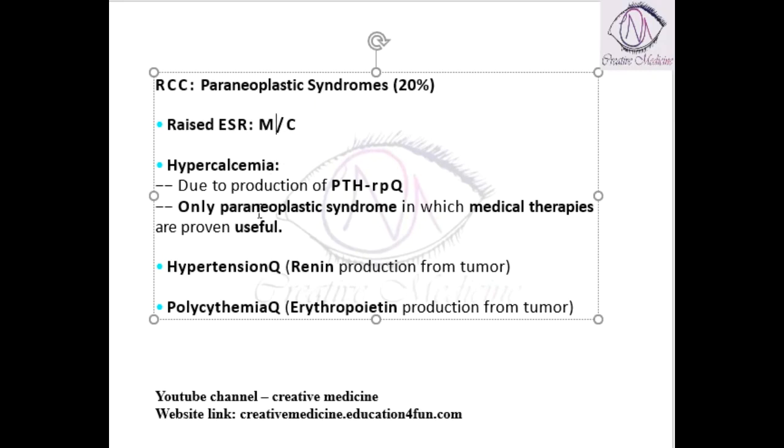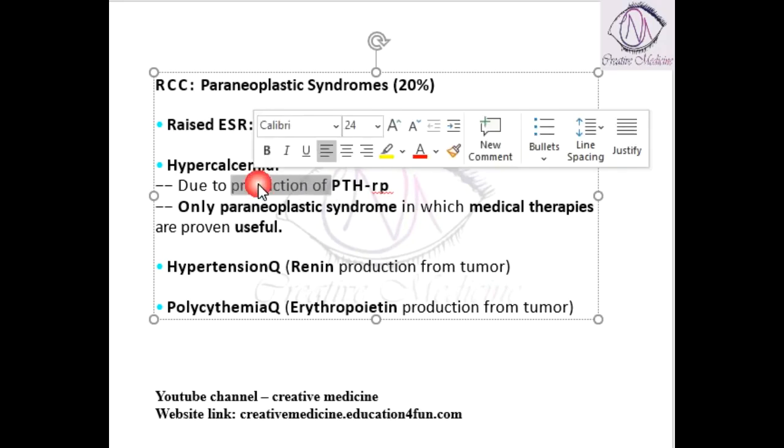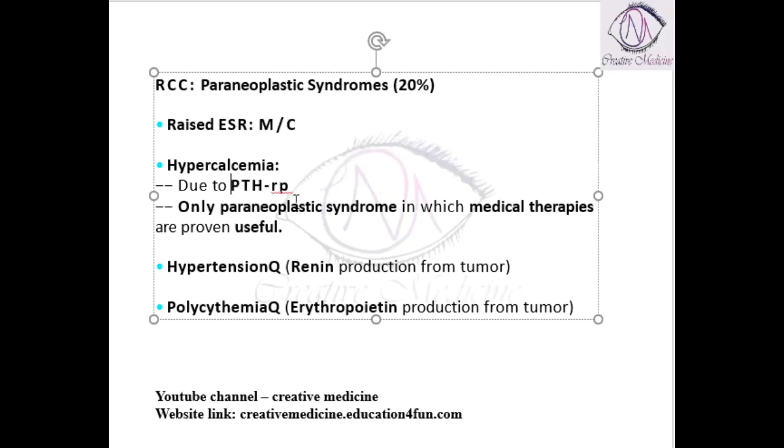That is most common, followed by hypercalcemia. Why is this hypercalcemia present? It is due to parathormone related peptide. Due to parathormone related peptide, we have this hypercalcemia.